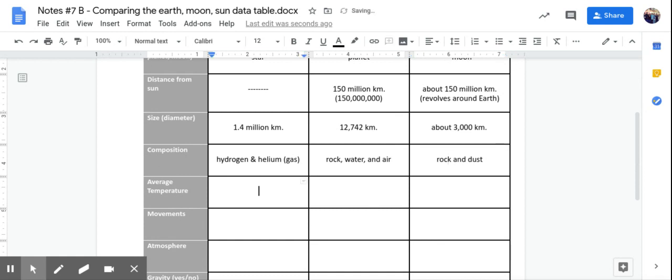Average temperature. The average temperature on the sun is 5,500 degrees Celsius. Remember that when talking about science, everything is measured in degrees Celsius, not degrees Fahrenheit, right? But if we were to do a quick conversion, and I were to tell you what 5,500 degrees Celsius is in Fahrenheit, give me 1 second here.